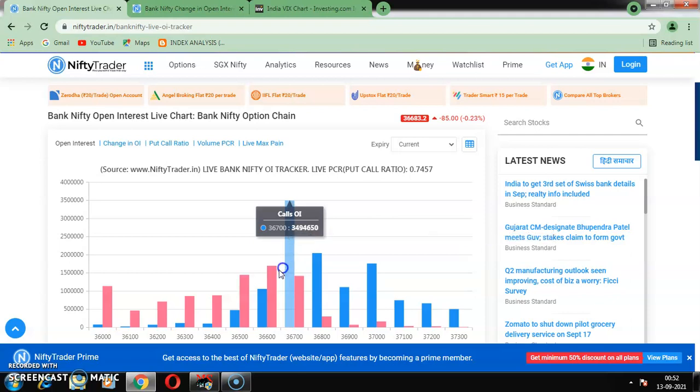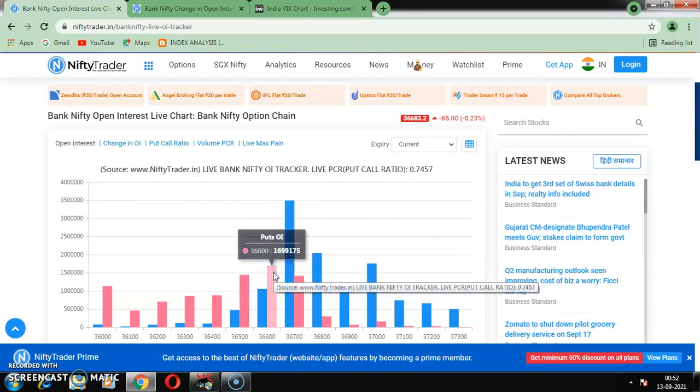The red one is the put writer, and there it is only 16 lakhs 99,000, very much below. So the call writers are more than the put writers, which indicates a bearish indication of the market.